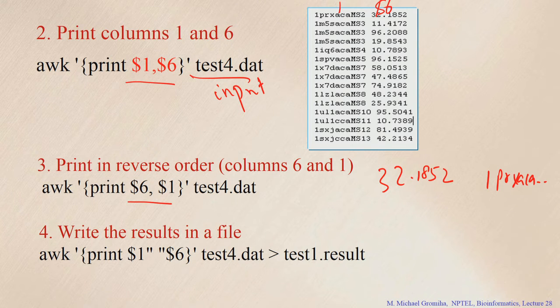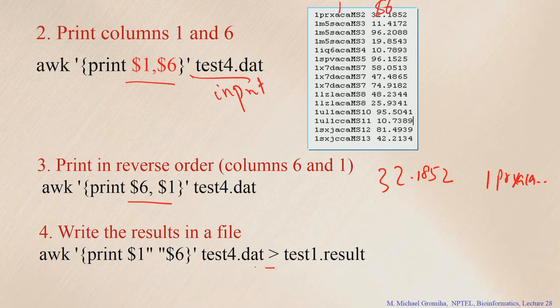Okay, now here this is the screen. If you give the input file with the awk command, you can see the data on the screen. For example, if you want to write the answer in a file, what do you do? You have to give the greater than symbol, which means the result obtained from this command will go to this file.